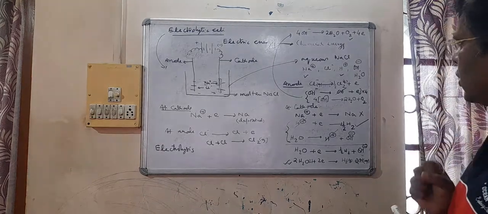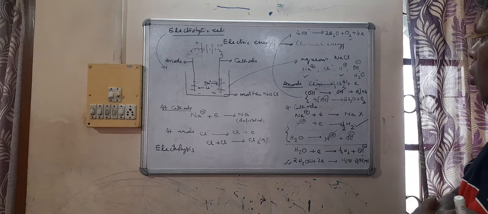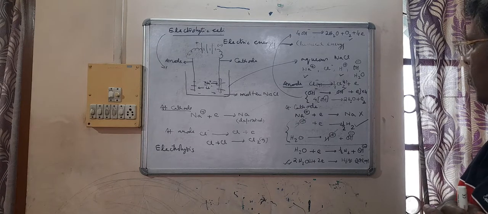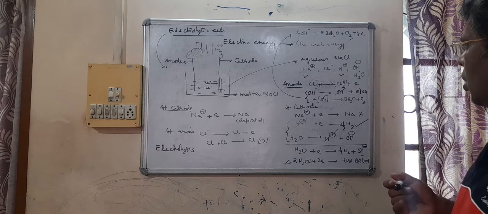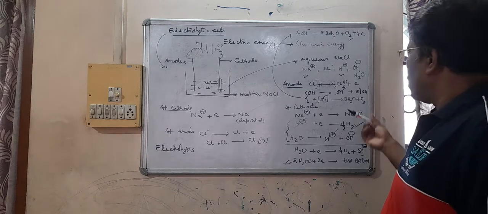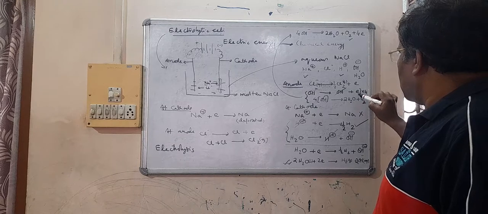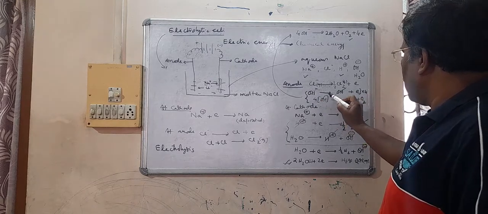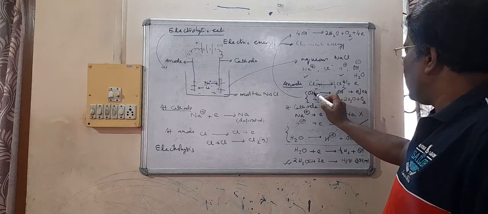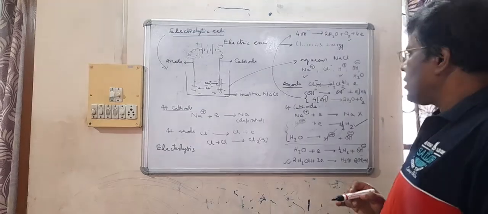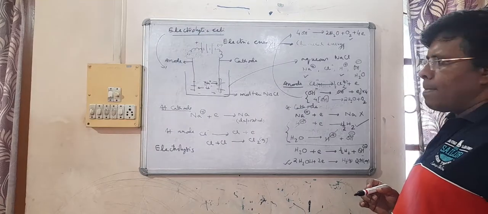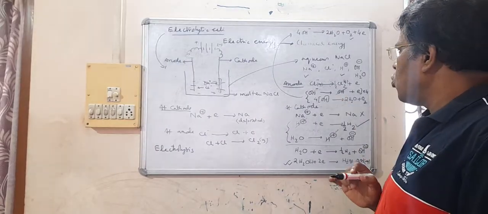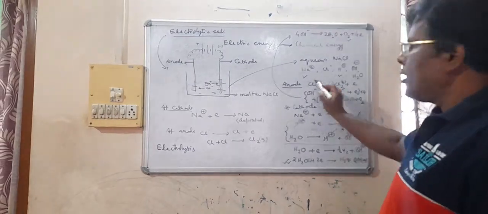Okay, now if you see the oxidation potential value, OH minus has more oxidation potential. OH minus has more oxidation potential than Cl minus.